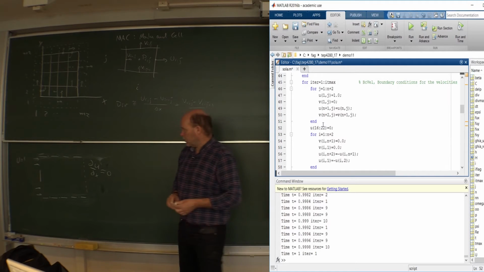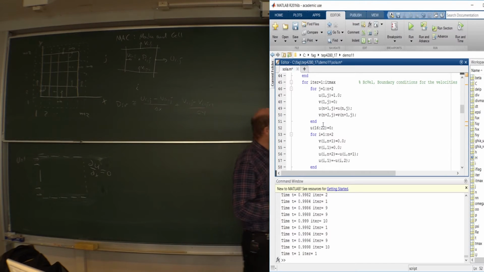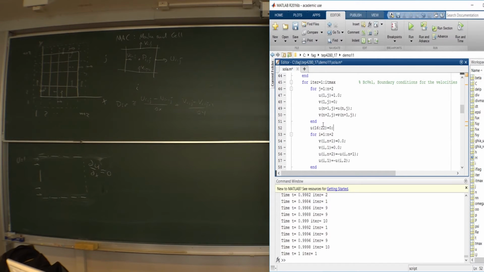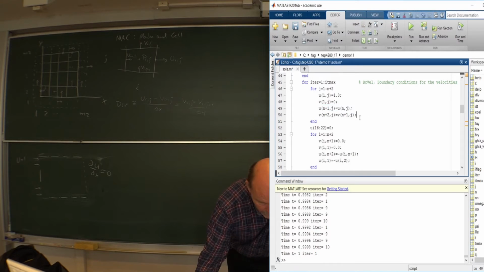Then I will have this center region with 0 velocity. The V is set to be 0. For the outlet, you have a derivative equal to 0. That's okay.